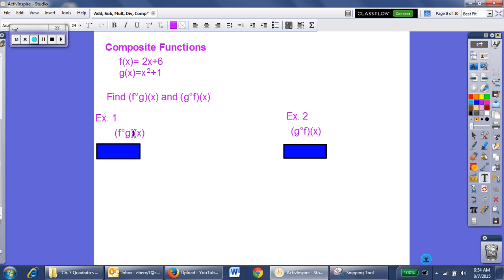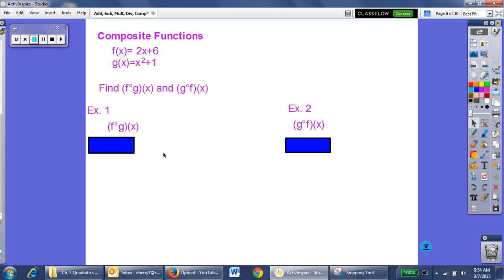Okay, so first it says f of g of x. It's really confusing looking at it like this with this little circle here. So first I want you to rewrite it using this notation, using the double set of parentheses. So f of g of x. Okay, I'm going to try to make this as simple as possible. So what we need to do first is just rewrite this with the f.